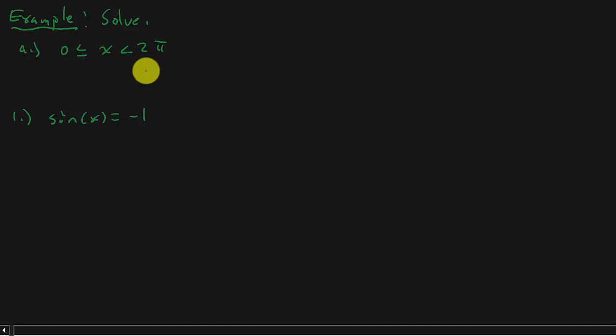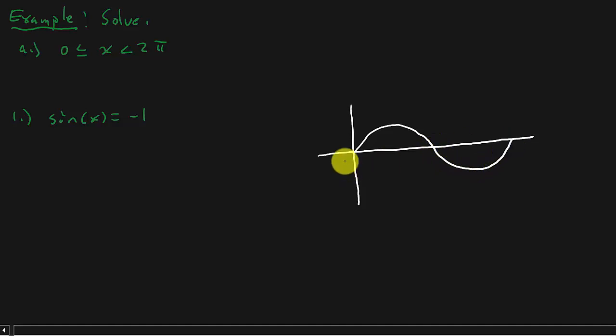So just like we did earlier on cosine, I would draw out the sine function and label it. Here's 1, and here's -1.